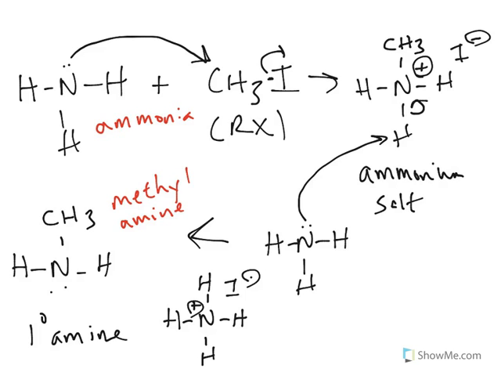So what happens is methylamine will react with iodomethane to produce dimethylamine. Well, dimethylamine is more reactive than methylamine, so it reacts again and again and again until it cannot react anymore. So what we wind up with is a reaction that we cannot control this way.